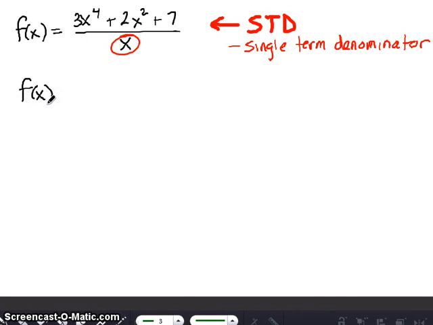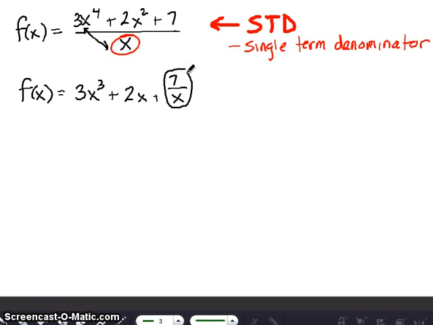So we would want to divide each term individually. So 3x to the fourth divided by x is going to be 3x to the third. 2x squared over 2x is going to be 2x. 7 over x is going to be 7 over x. And that's not really helping a whole lot because we still have a quotient here.